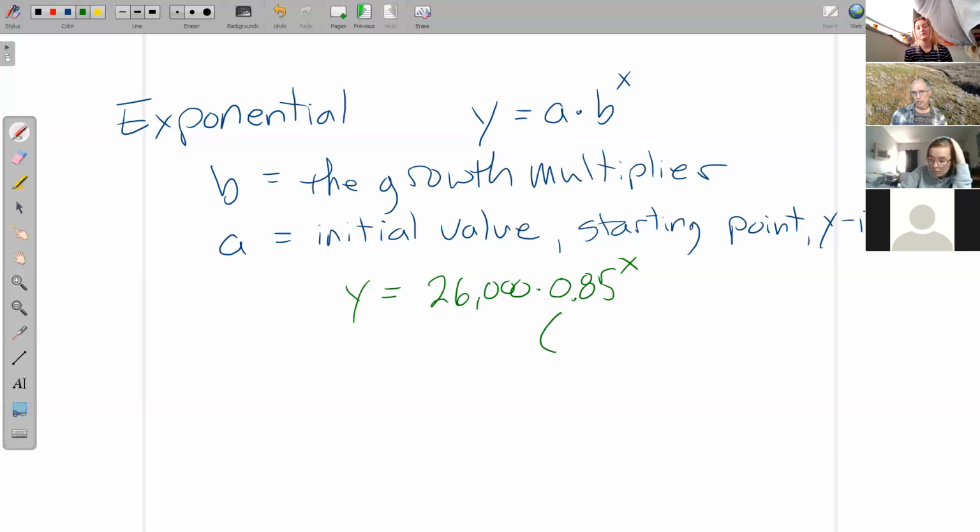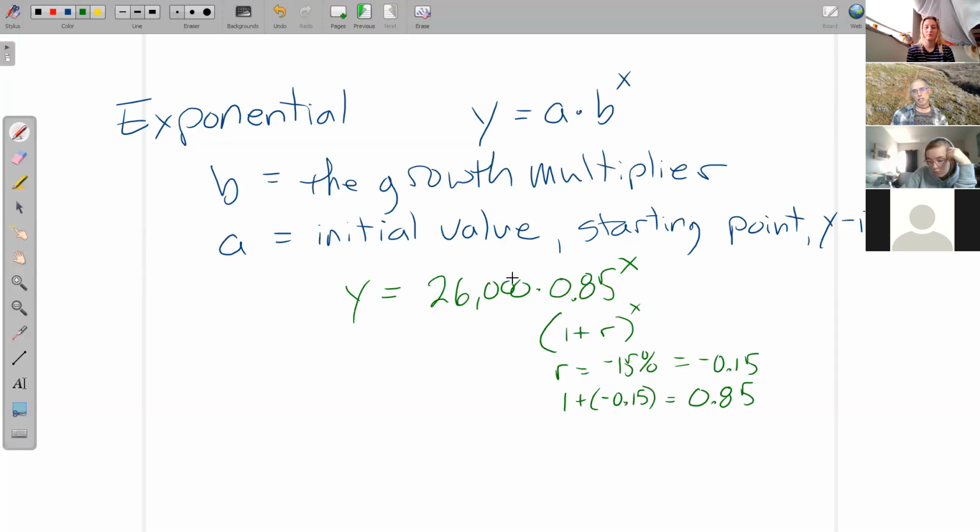Remember that 1 minus r or 1 plus r is the base to the power. And so r in this case would have been negative 15%, which is negative 0.15. And when we do the 1 plus r, since r is negative, we end up with that 0.85.